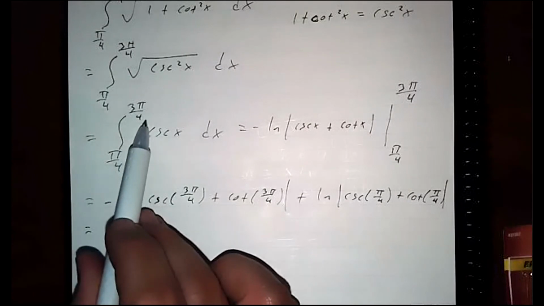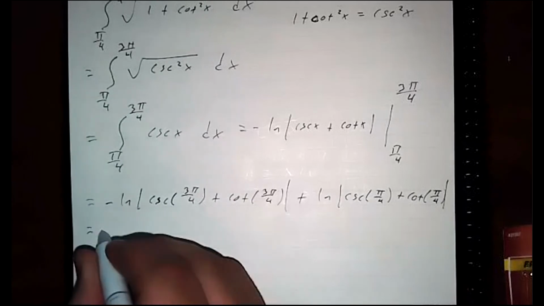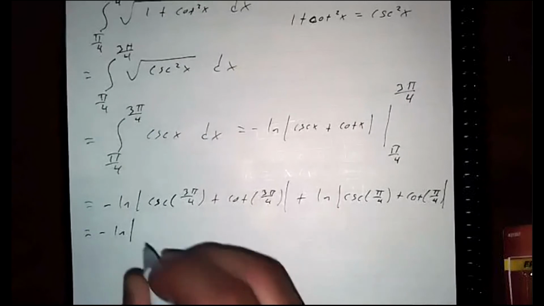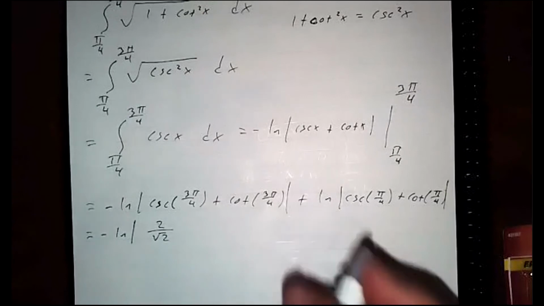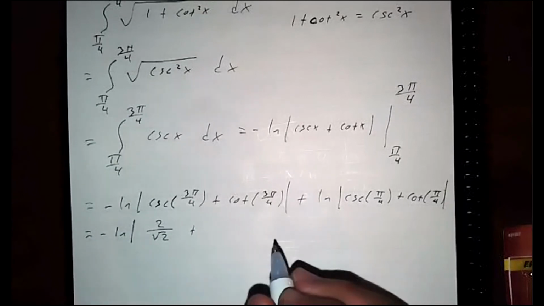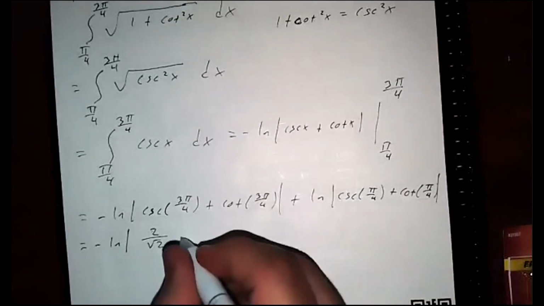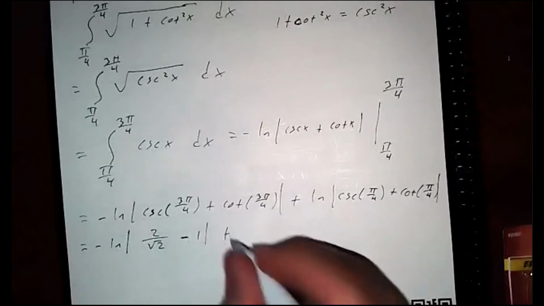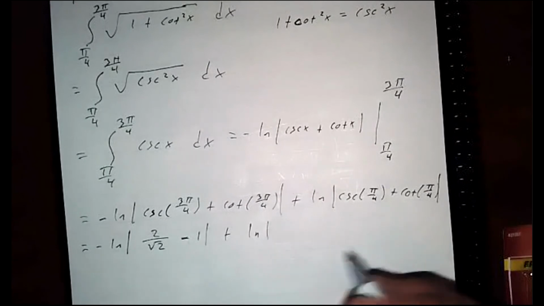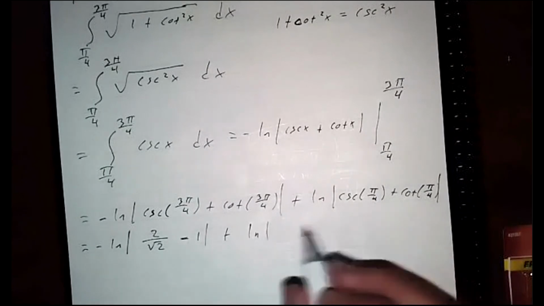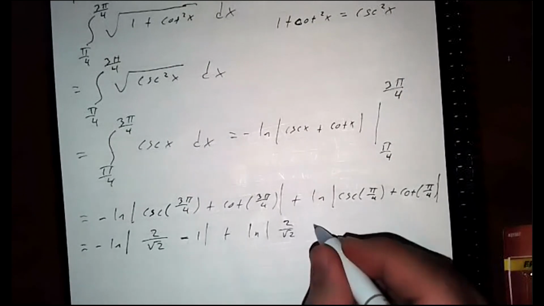Not 2. 3 pi over 4 would be 2 over root 2 plus, actually minus 1, plus cosecant of pi over 4. That would be 2 over root 2 plus 1.